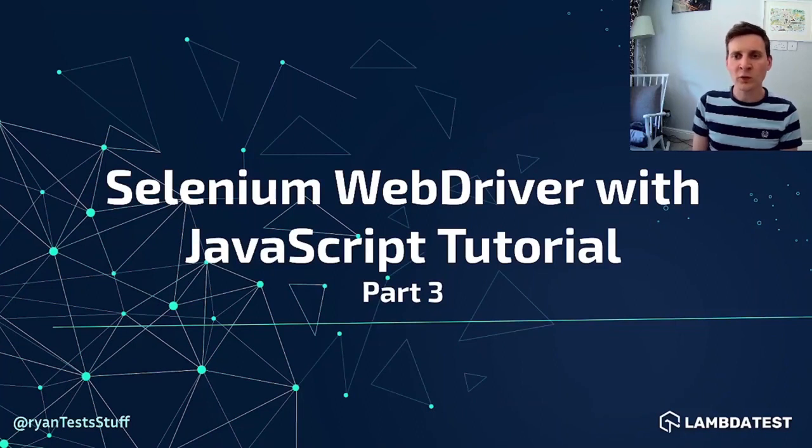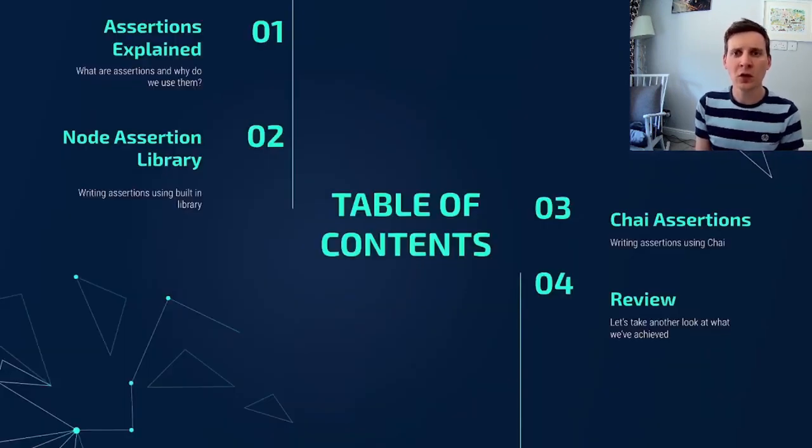Hi guys, and welcome to part 3 of this Selenium WebDriver with JavaScript video series on the Lambda Test YouTube channel. My name is Ryan, and today we're going to be talking all about assertions. First up, we're going to look at what we really mean by assertions, what they are, how and when we can use them.